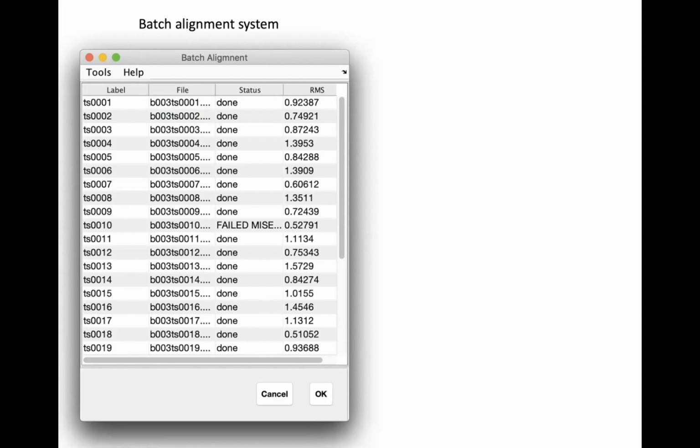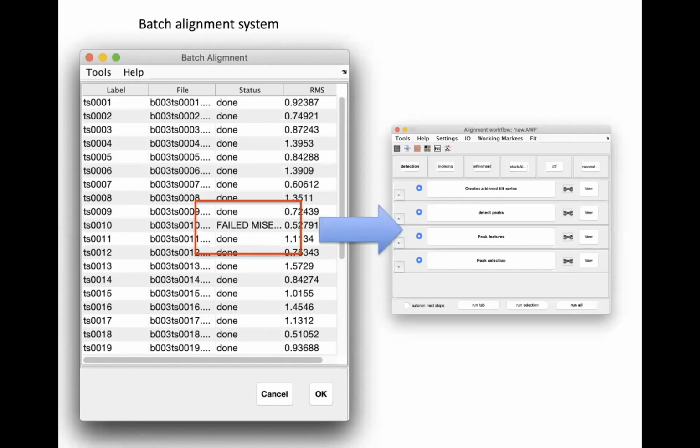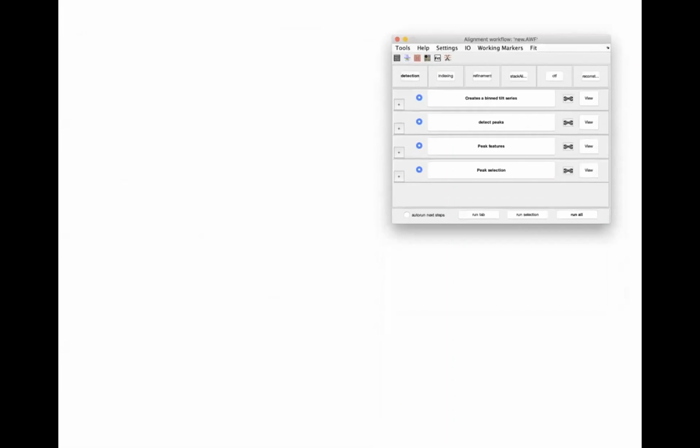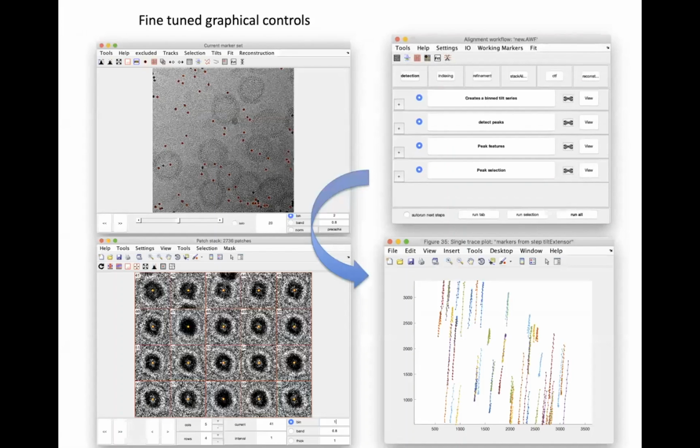There will always be some tilt series that will fail to align correctly with the generic parameters that you found. You can pick them one by one, or you can ignore them if they are few. And in our module, we include many new tools for graphical interaction with the tilt series in order to get you there manually in case the automatic alignment didn't work.